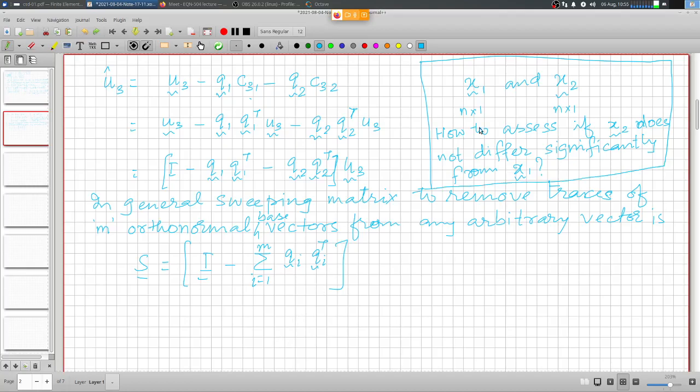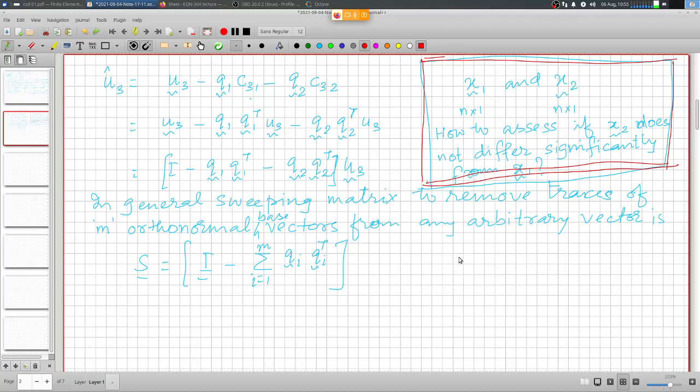Right? So this is the question that we have. Sorry about that, lines are going all over the place. So how do I ascertain this?